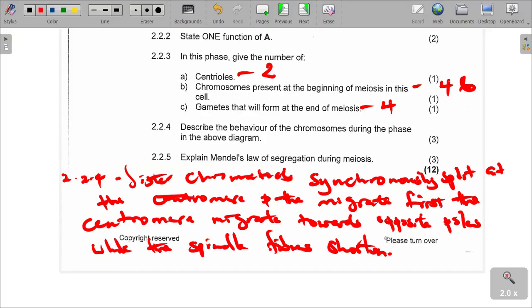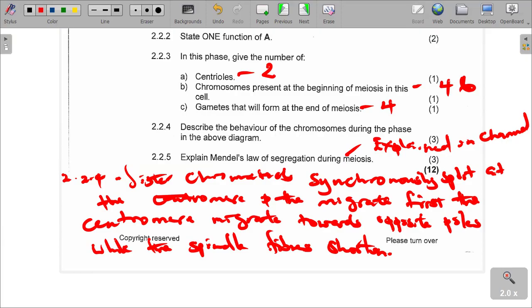So now, explain Mendel's law of segregation during meiosis. This I also say has been explained on the channel. Mendel's law of segregation is also explained on the channel.